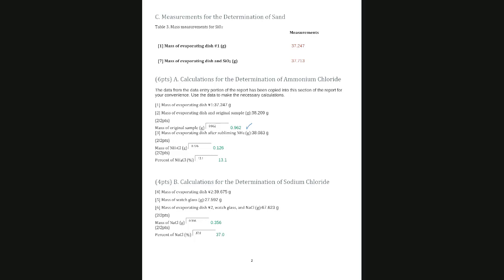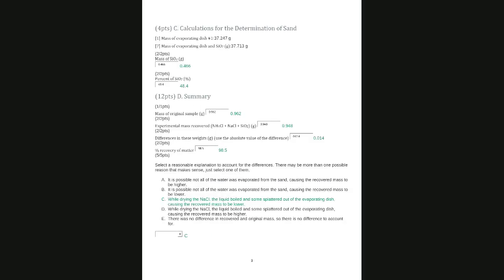We calculated that, so we have that number. And then here, they ask you, what is the total mass recovered? All you have to do is add the mass that you calculated for ammonium chloride plus the mass of sodium chloride plus the mass of the sand. That is the total mass that you recover.